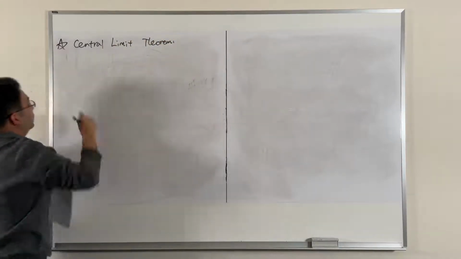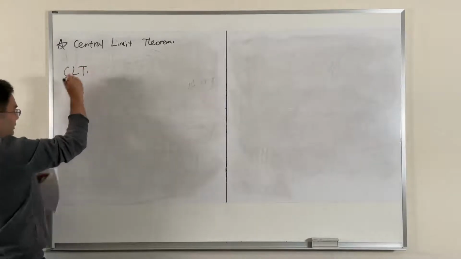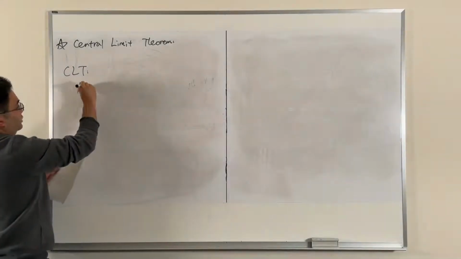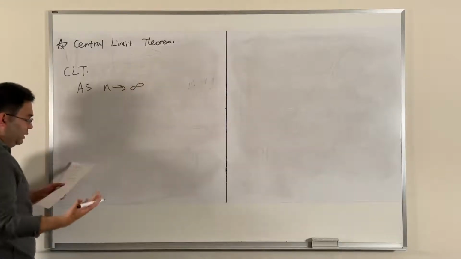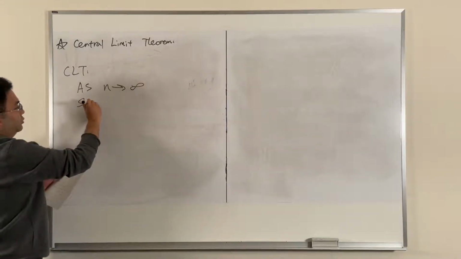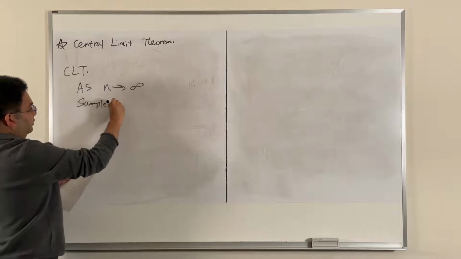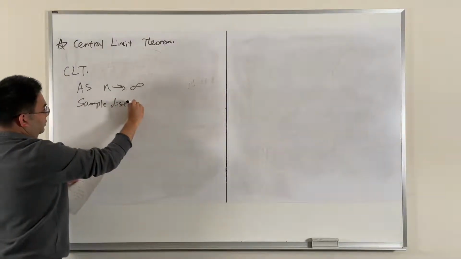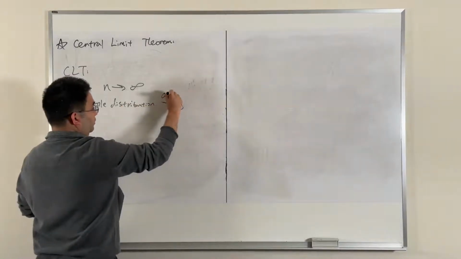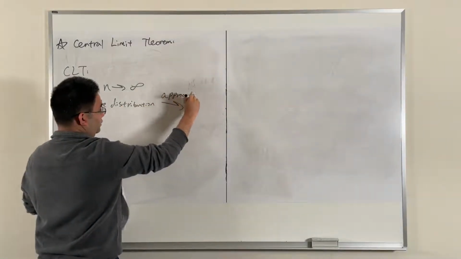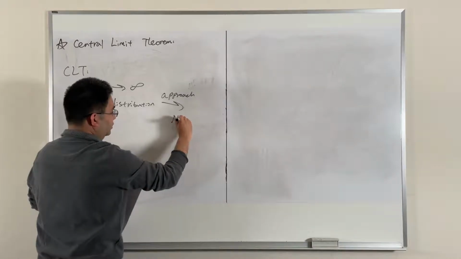Okay, so what central limit theorem states is that as your sample size n goes to infinity, as your sample size gets big, your sample distribution will become a normal distribution.